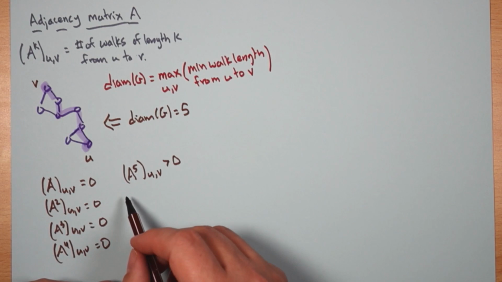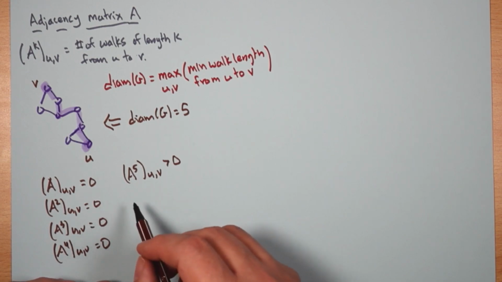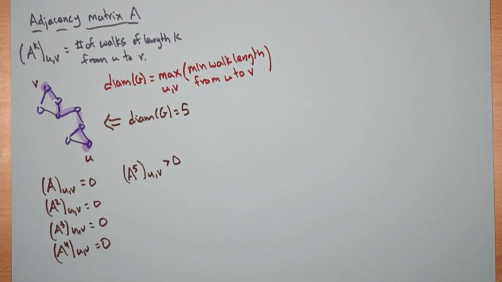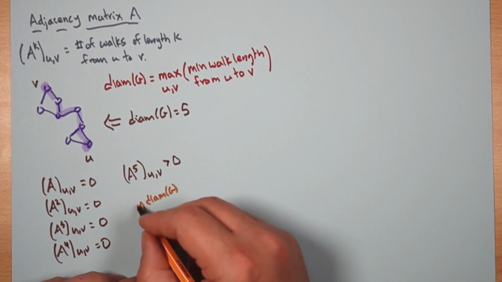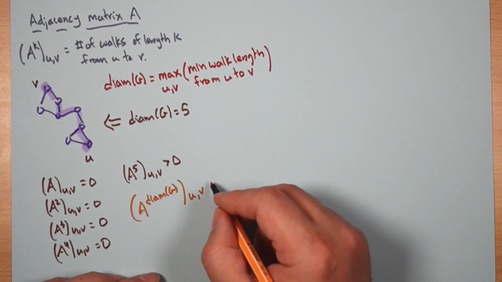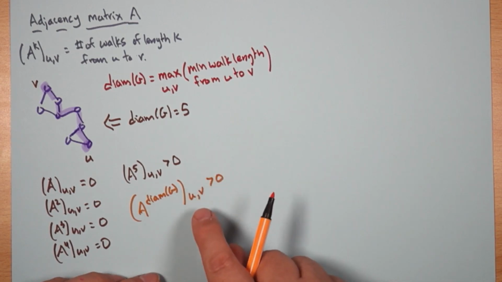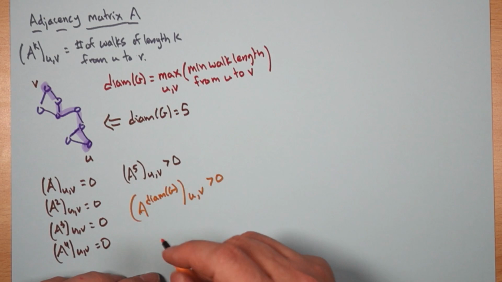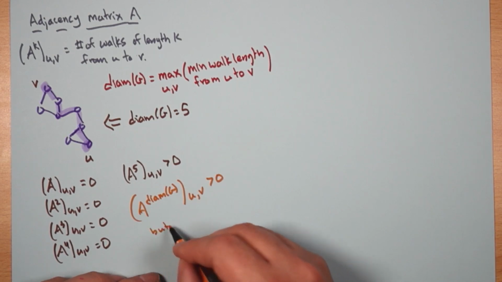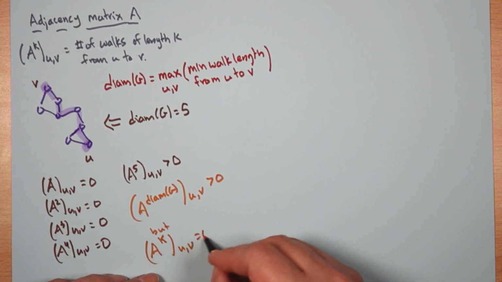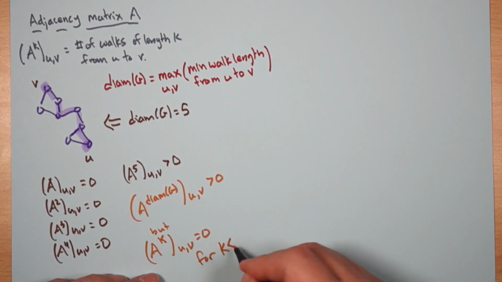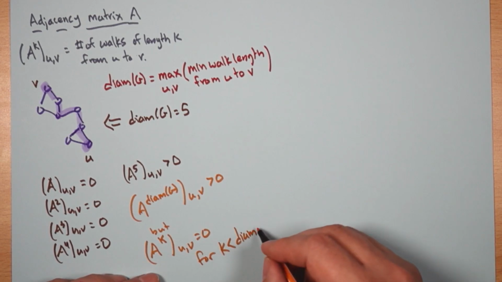So the great aha is that A to the diameter of G at uv is greater than 0, where uv is the pair of vertices at maximal distance, but A to the k at uv is equal to 0 for k less than the diameter.